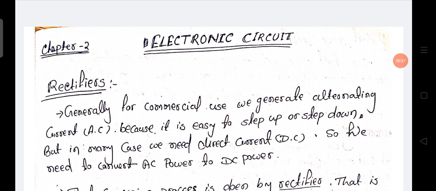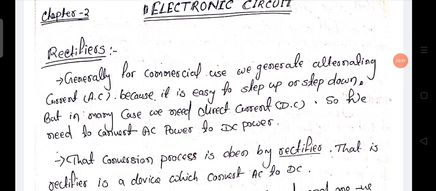What do you mean by a rectifier? The work of the rectifier circuit is that it converts AC into DC. Commercially, AC is commonly available, but DC is available only at low voltage.